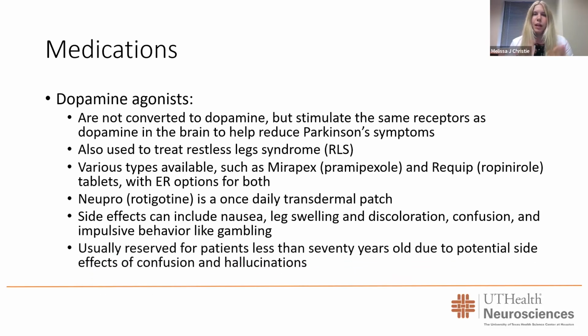And so these, like I mentioned, are usually reserved for patients less than 70 years old because of the risk for confusion and hallucinations. However, the impulse behavior can happen at any age. So these usually are what we'll use in younger patients at first, but they're still at risk for those impulse control side effects, so we just have to make sure we're monitoring and counseling for that.